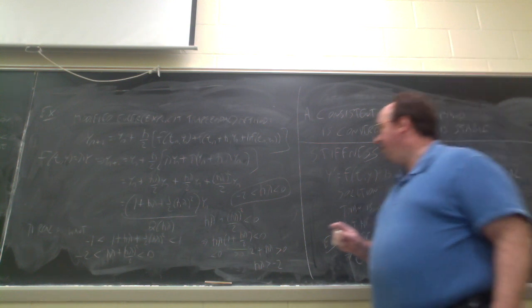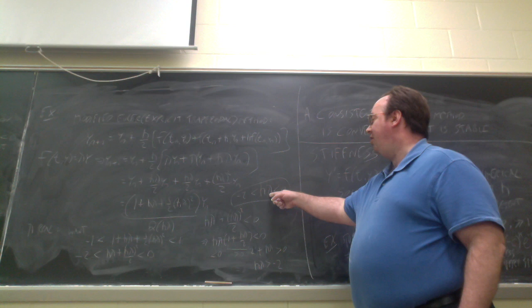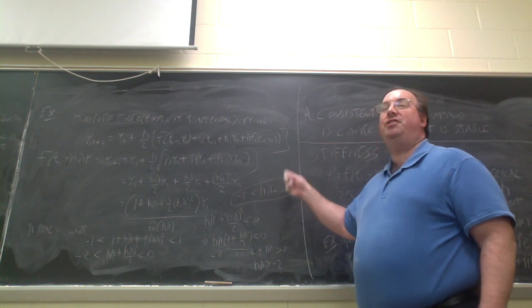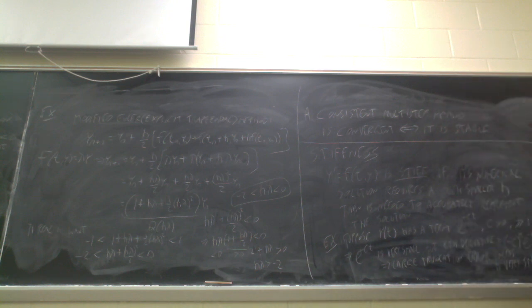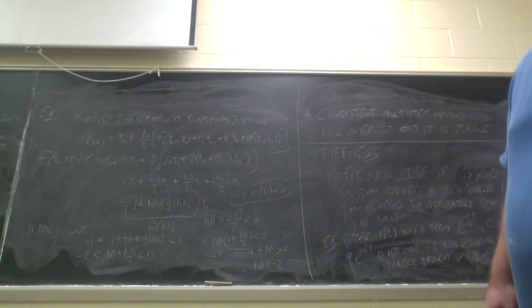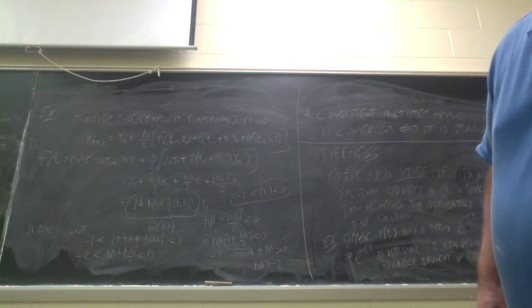Now, what this means is the larger lambda is, the smaller h has to be to compensate. So if you choose h to be too large relative to lambda, even though this is a second order accurate method, you're still not going to get the correct qualitative behavior. So your solution could blow up.